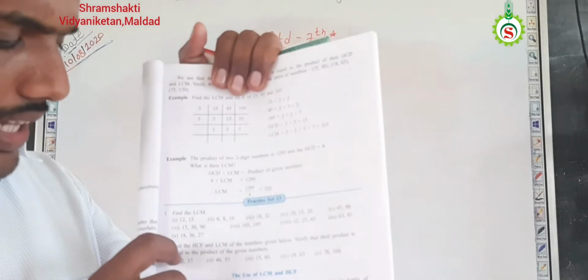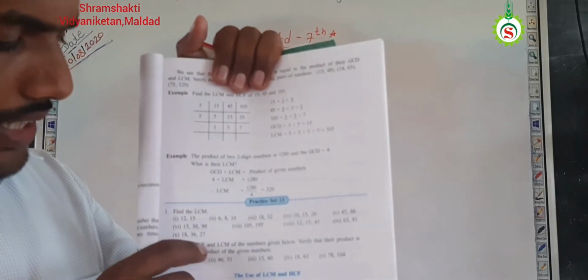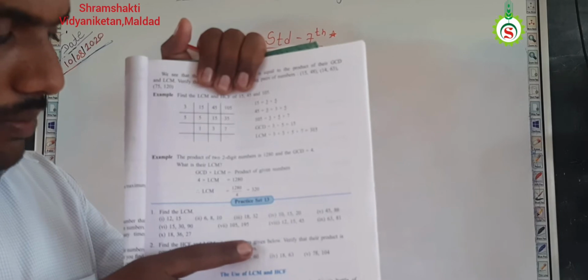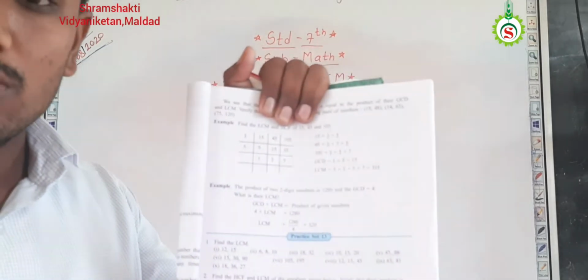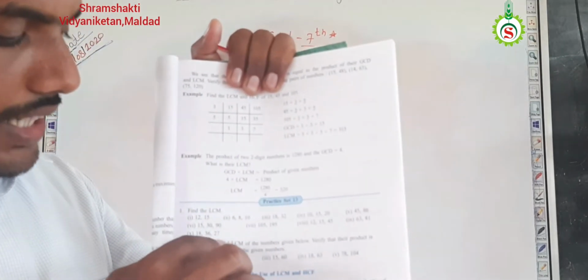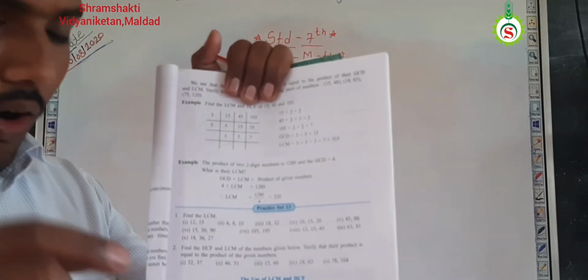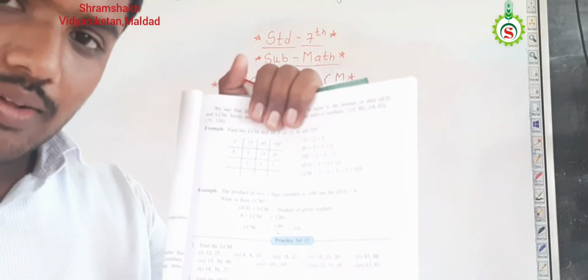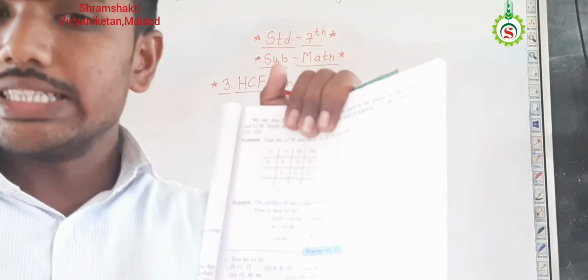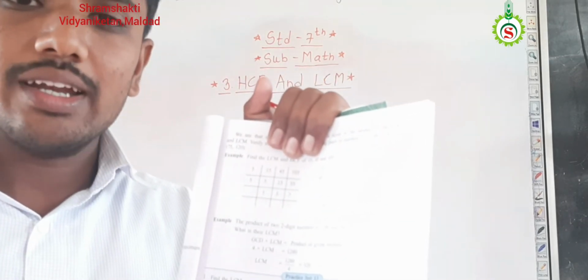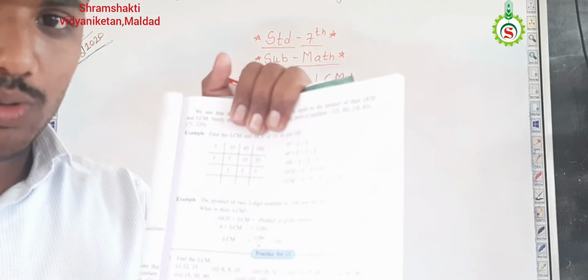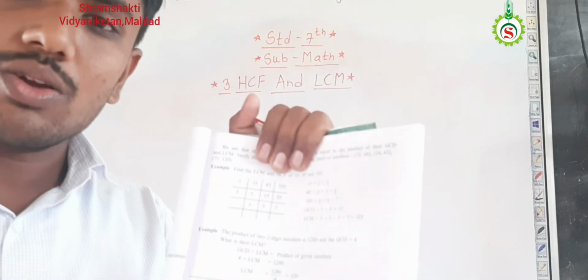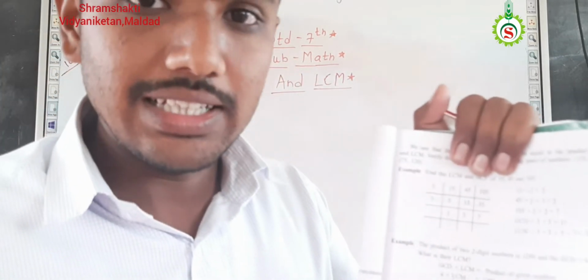Now question number 2 is like that: find the HCF and LCM of the numbers given below. What is the question? Find the HCF and LCM of the numbers given below. That means for the same numbers, you have to find out HCF and also LCM.